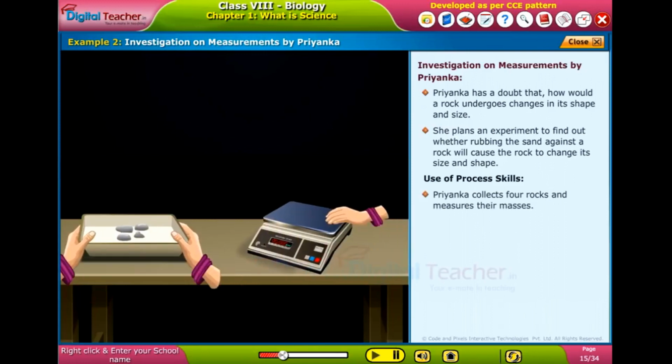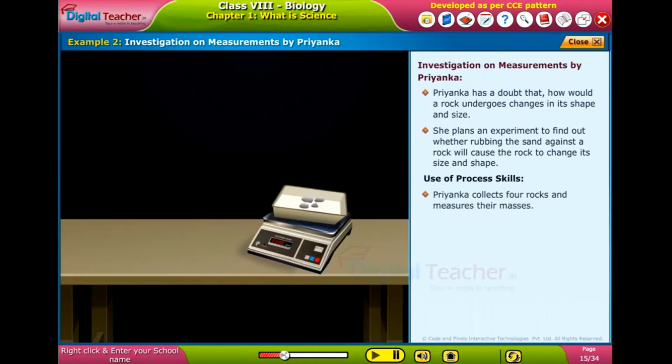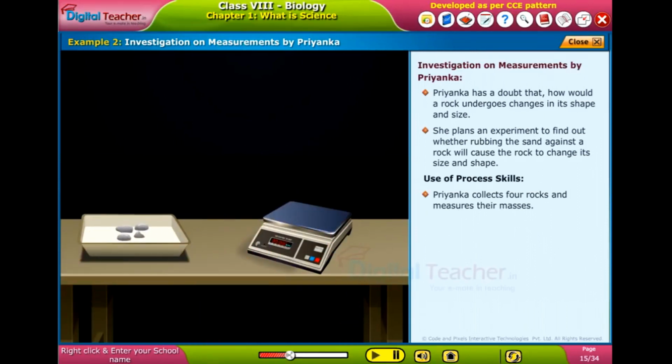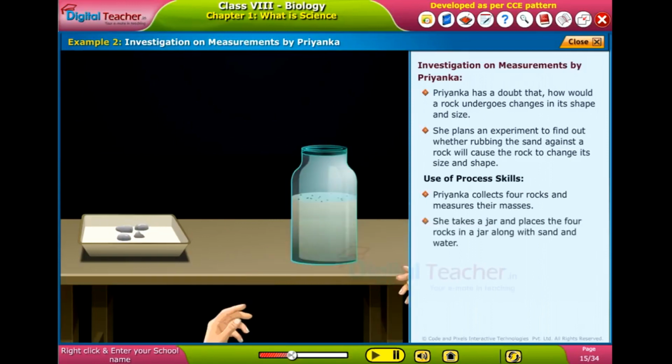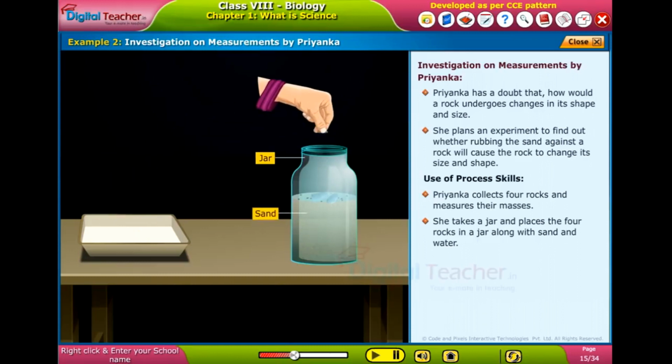Priyanka collects 4 rocks and measures their masses. She takes a jar and places the 4 rocks in the jar along with sand and water.